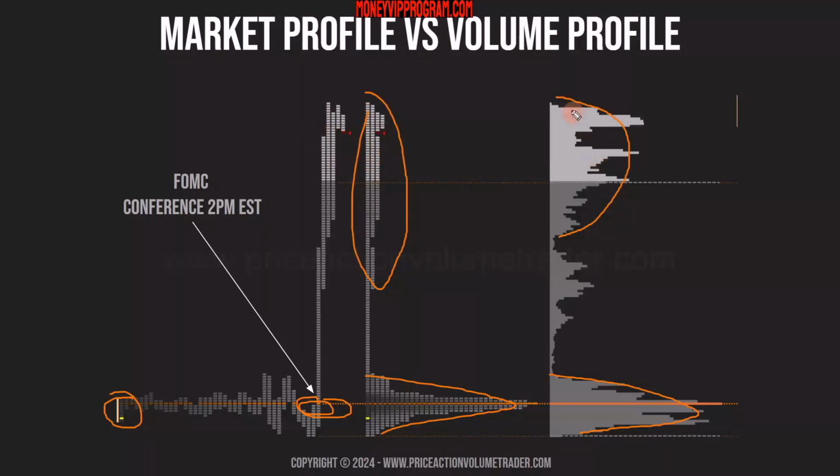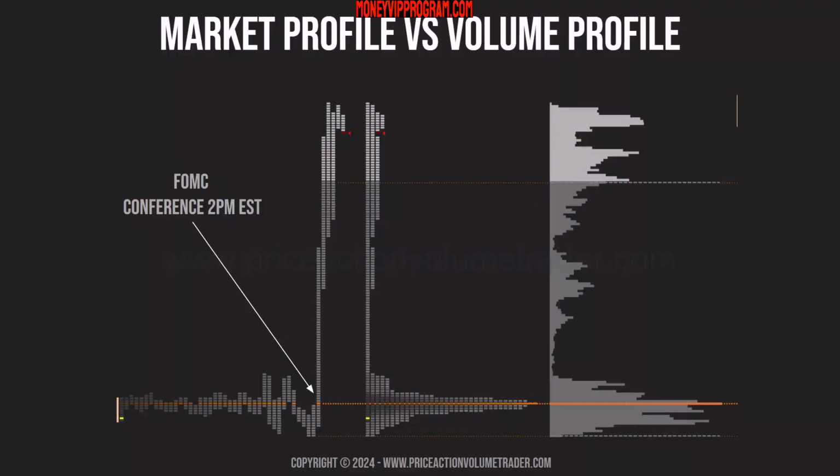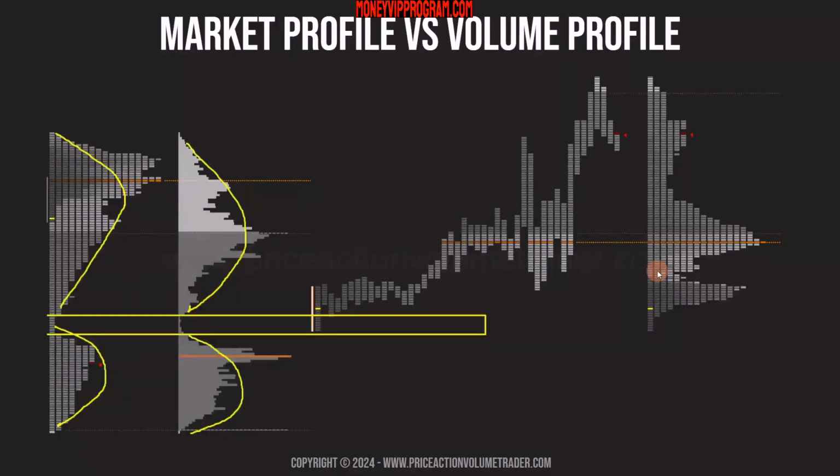So in the 2 and 3 o'clock hours, we accumulated a lot of volumes up in this area to finish off that trading day.